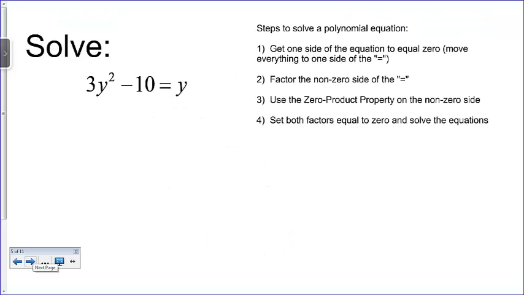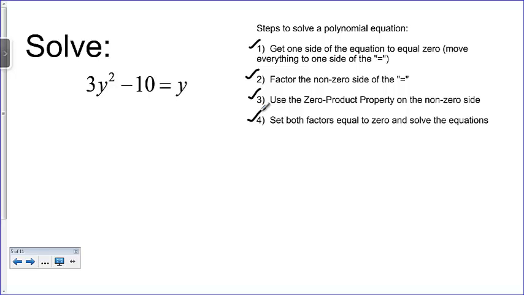This is one in which we're going to have to go through our 4 steps, highlighted right over here to the right. First, get one side of the equation to equal 0, or in other words, move everything to one side of the equal sign. Now when you decide which side to move everything to, you want your highest degree term to have a positive coefficient.